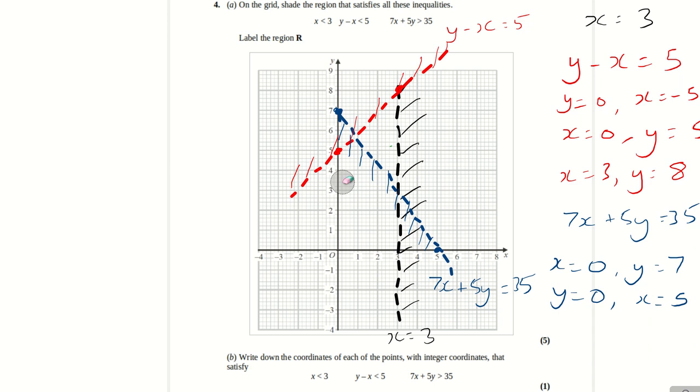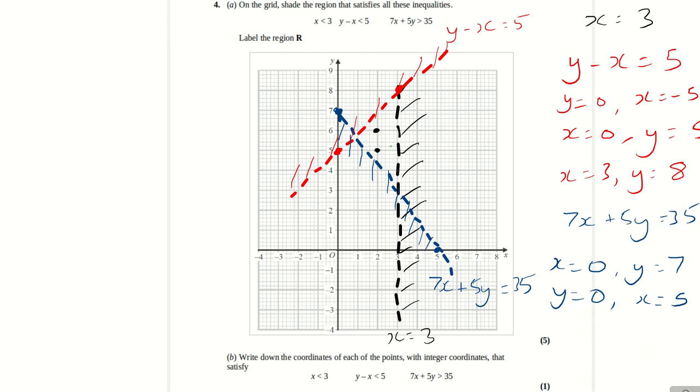Now let's have a look. We want points with integer coordinates. So there's one. There's one. Now these here are actually on the line, but they're not going to be included.